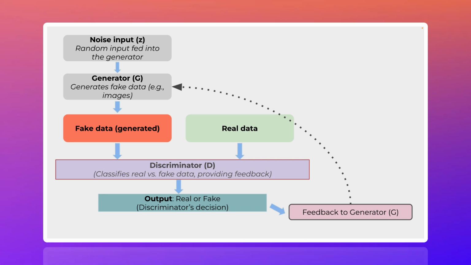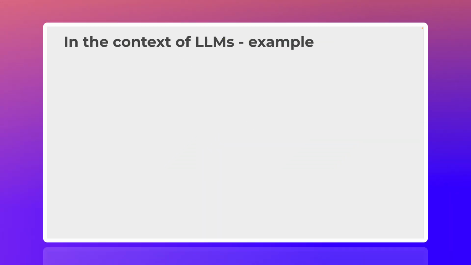Essentially, we're training this whole system so that they get good at detecting something that is false and also at generating what is fake, so that both of them can continue to compete with each other, which essentially will make the whole system even better. This process will continue until the generator becomes good enough that the discriminator can't easily distinguish between real and fake data. Now let's bring it all together in the context of large language models with an example.